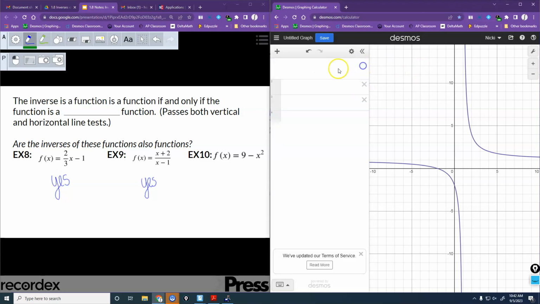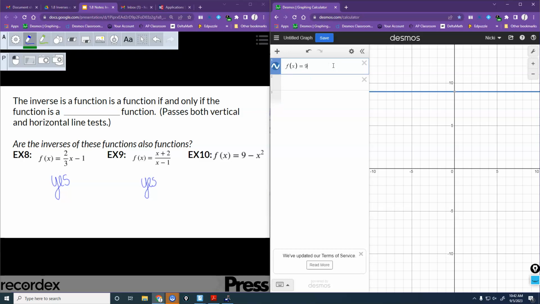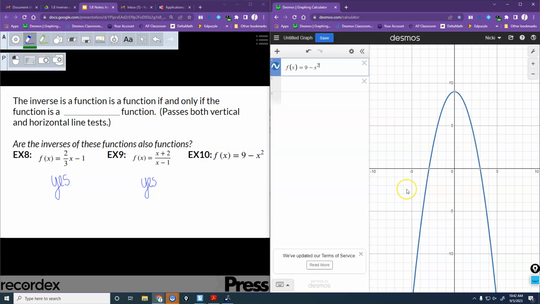Let's look at our last one. What about this one? Does this one pass the vertical and horizontal line test? Which one does it fail? Horizontal. It's going to hit twice whenever you use that horizontal line test. So this is still a function, but its inverse would not be a function.